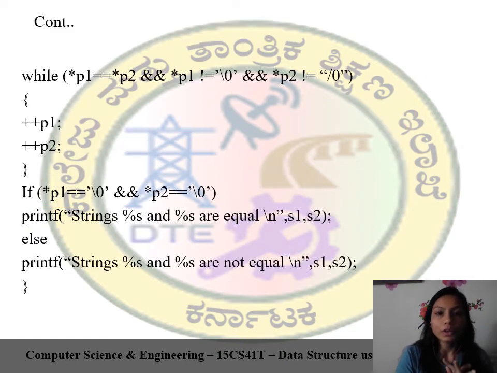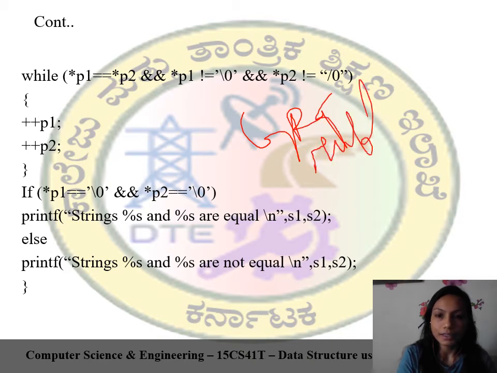Next, we check whether they are the same. So if I have GPT as P1 and oblique as P2, P1 is here and P2 is here, and then we start comparing them one by one.